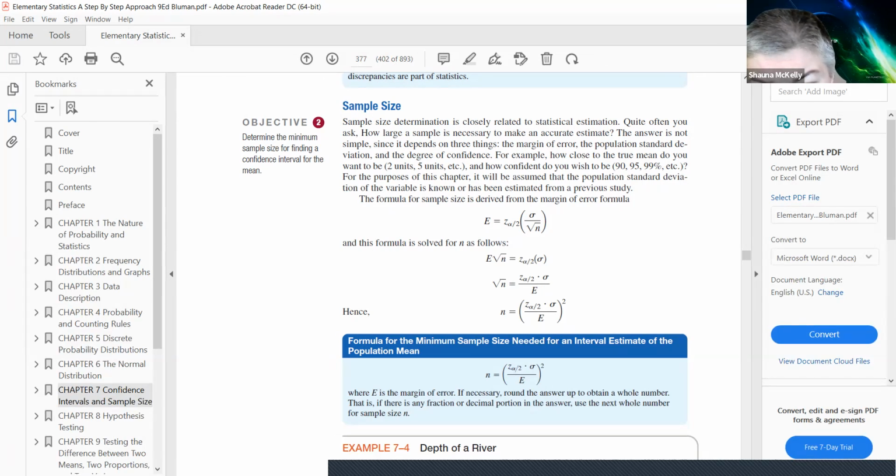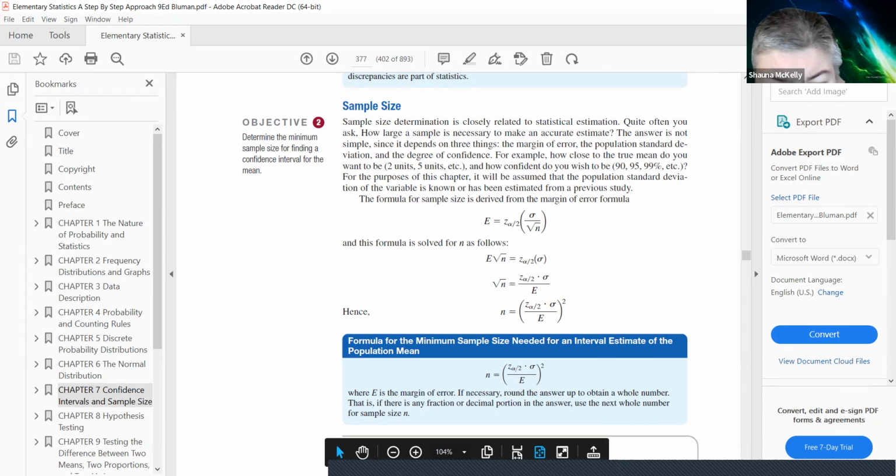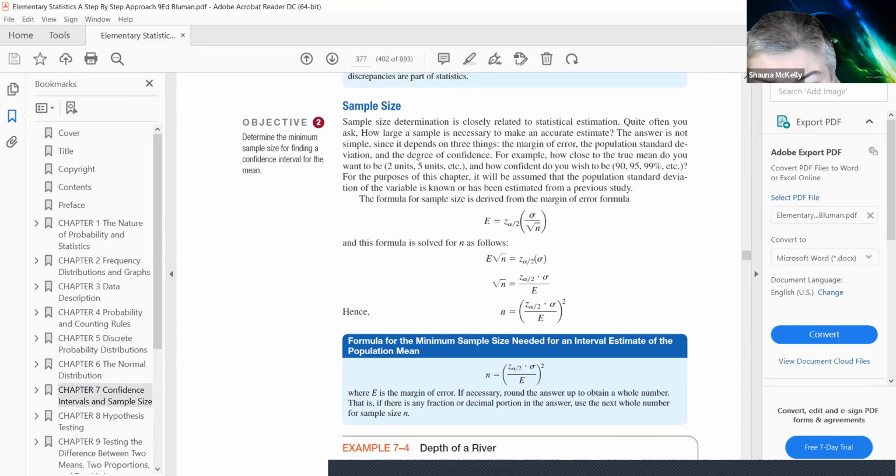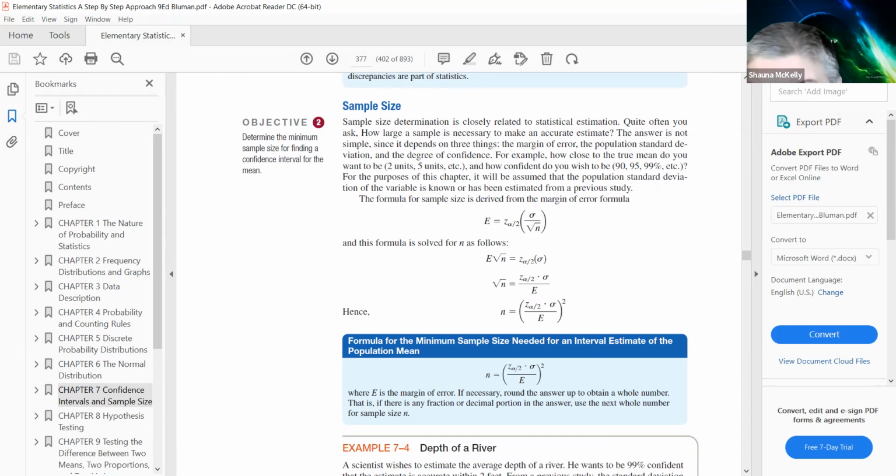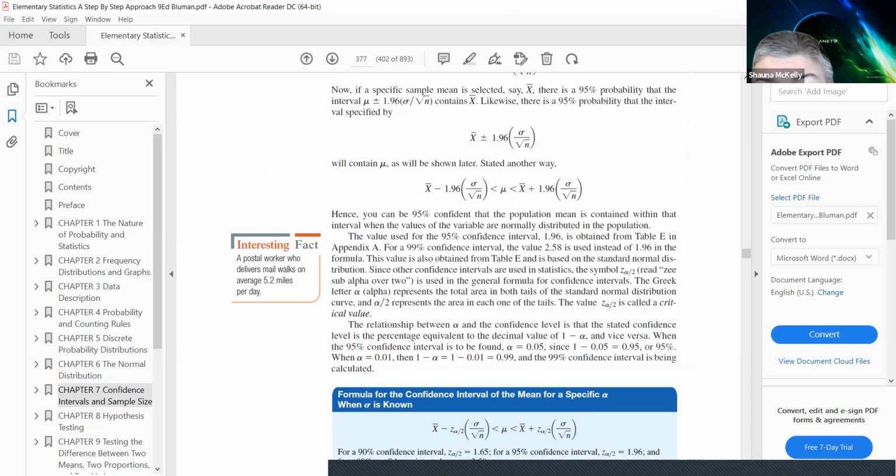Z times sigma over E, all of that squared. Okay. So basically, to get your Z, that's where you have to use your inverse norm function if they don't give you the Z score. Okay, Shauna.